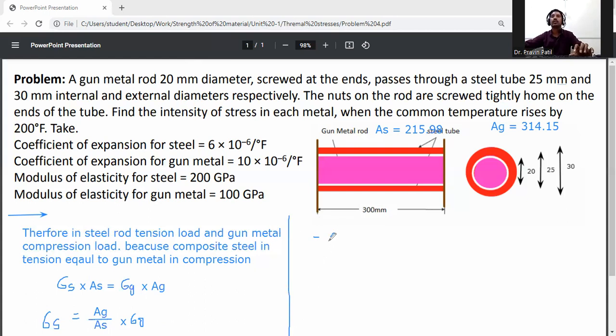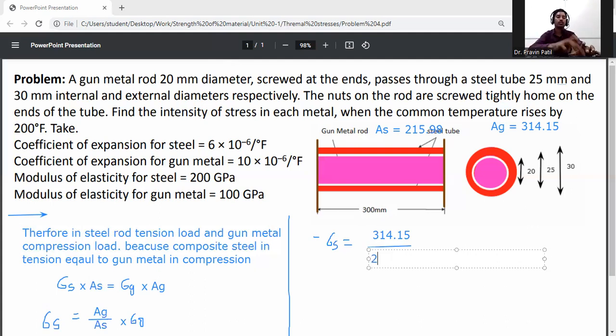Write down here: area of gun metal is 314.15, divided by area of steel.